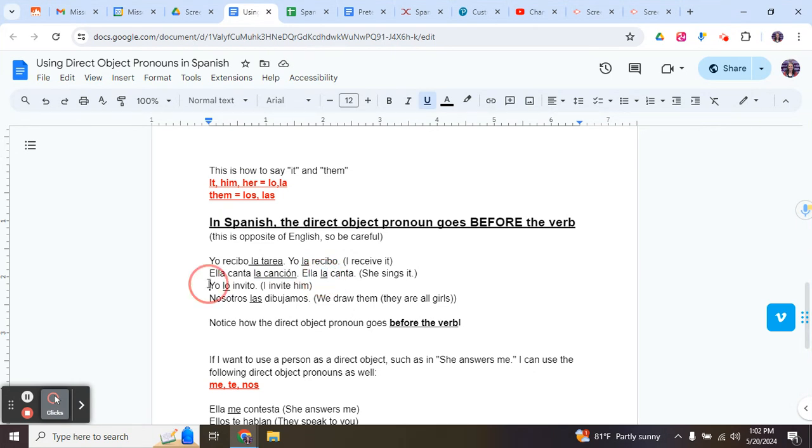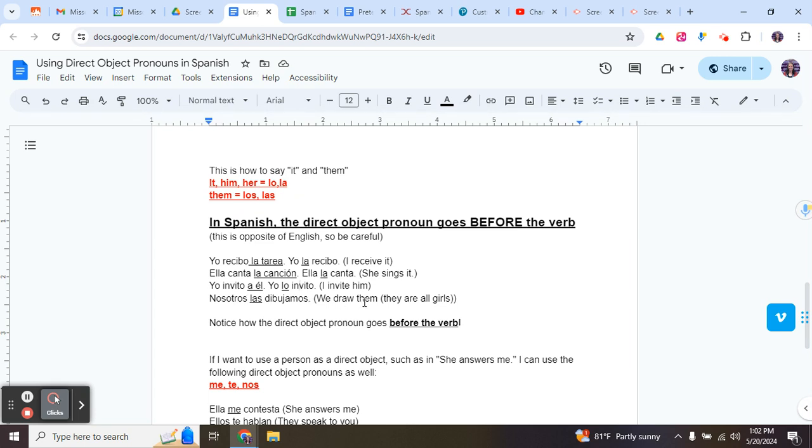Yo lo invito: I could say yo invito a él, I invite him, or I could say yo lo invito. It really means the same thing. One just uses the direct object and one uses the direct object pronoun. These two sentences essentially mean the same thing though.